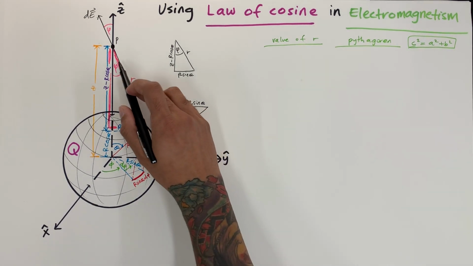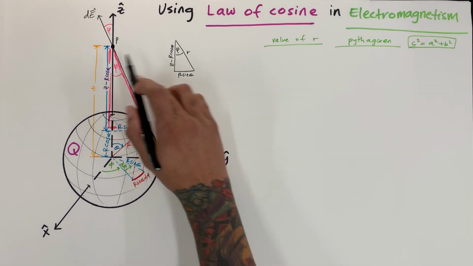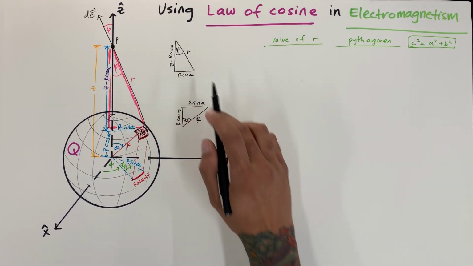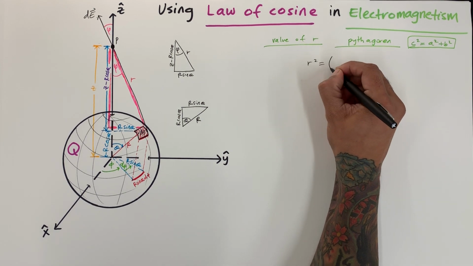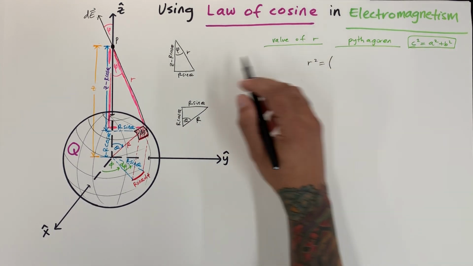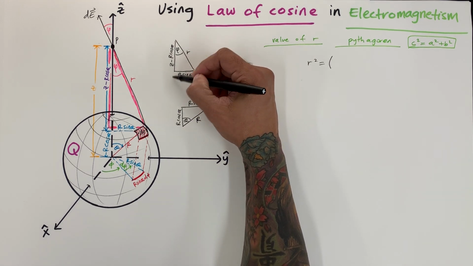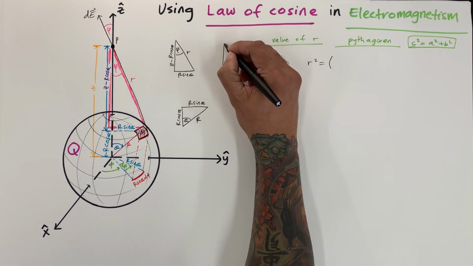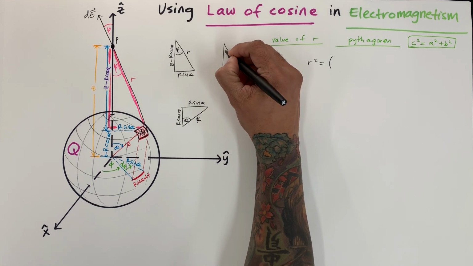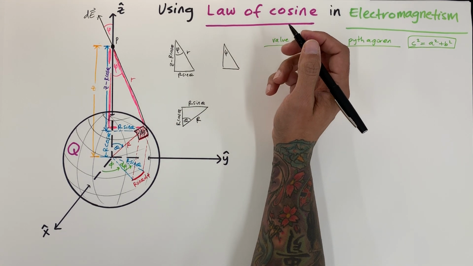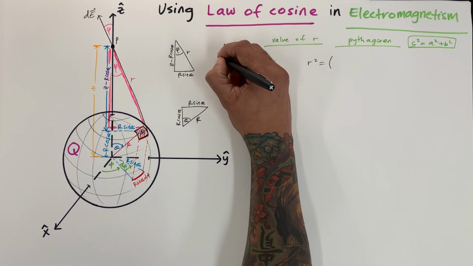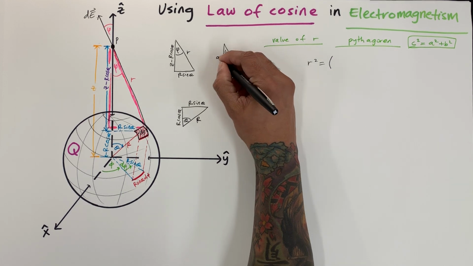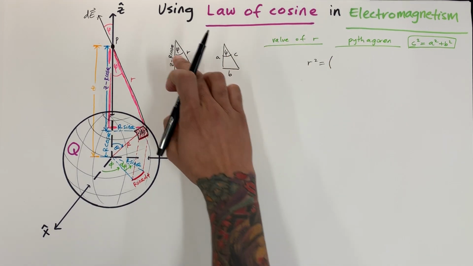Let's use it for this top triangle right here, this one up here. So we're gonna do r squared is equal to a squared. We'll label this side C, we'll label this A and we'll label this B. So this one is the same thing as that.